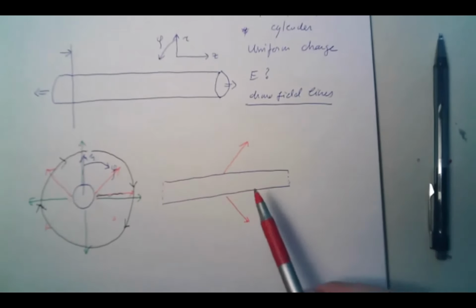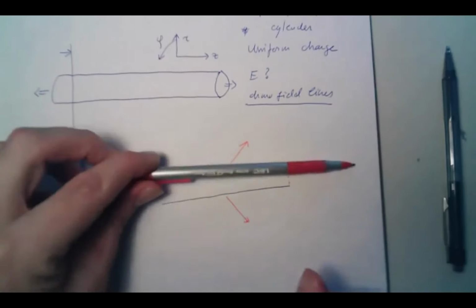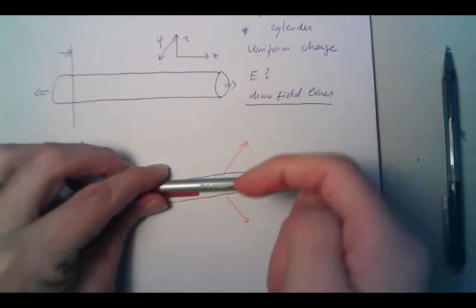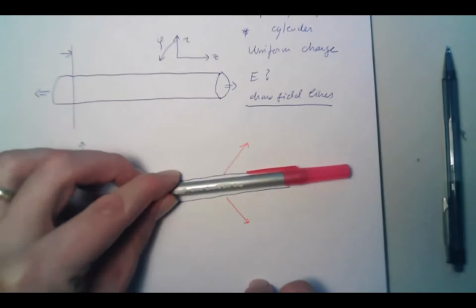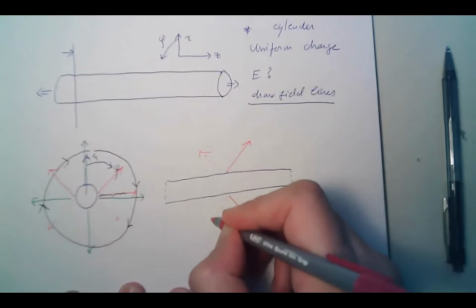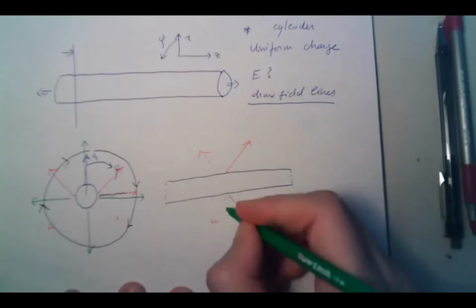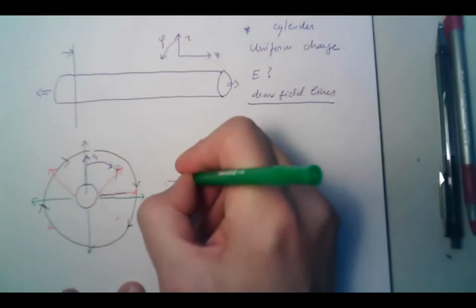And the answer is no, because I could take this wire, and the field lines are attached to it, and I flip it around. Now they're pointing in the opposite direction, and that's not allowed. So in the end, we are left with field lines that are only doing this.